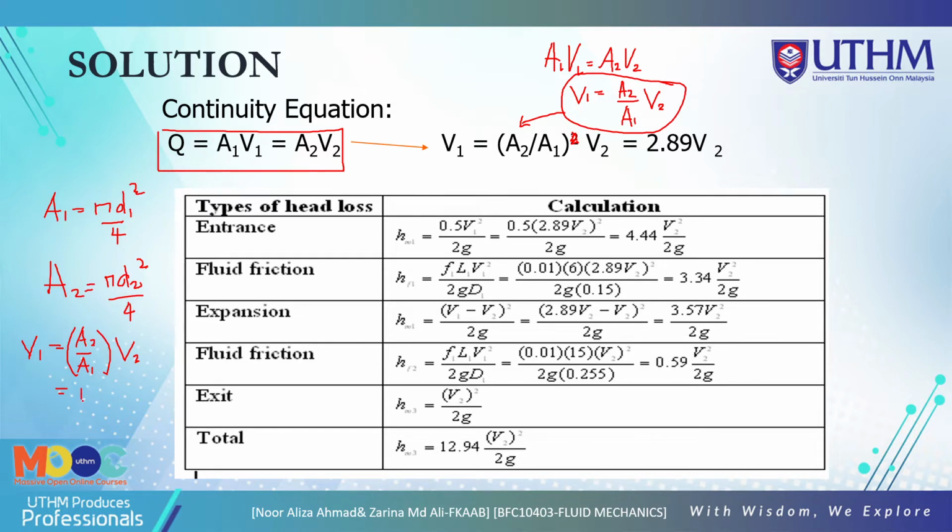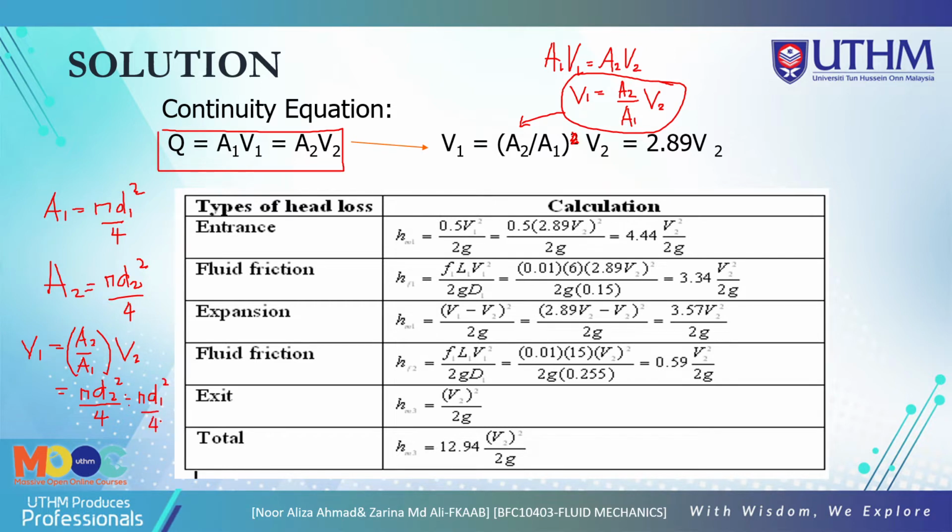A2 is pi D2 squared over 4, divided by pi D1 squared over 4.